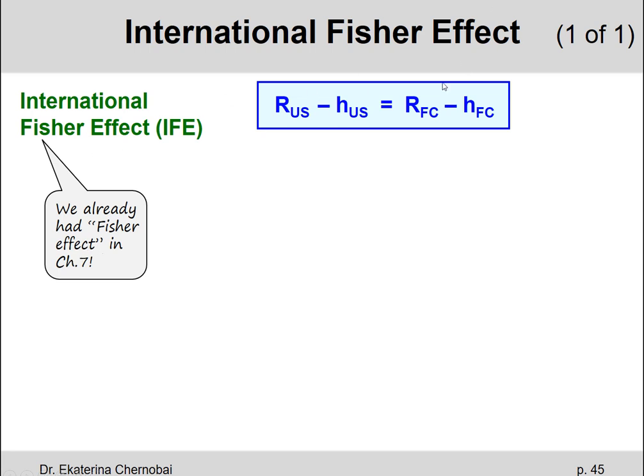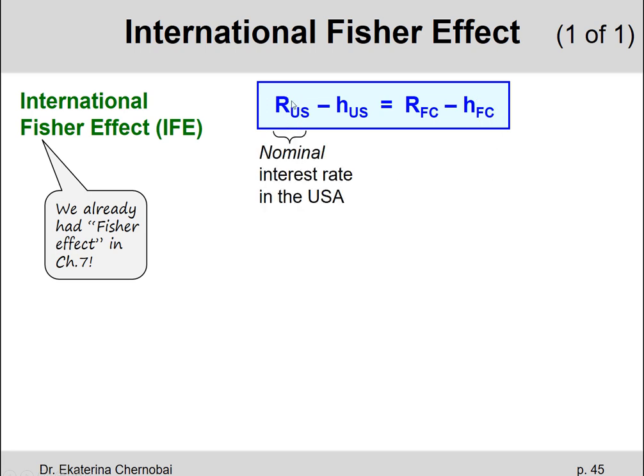And actually this formula that we are now looking at should not look like anything new if you remember the Fisher Effect from chapter 7. So the International Fisher Effect says the risk-free rate in the USA minus the inflation rate in the USA equals the risk-free rate in some foreign country minus the inflation rate in that foreign country.